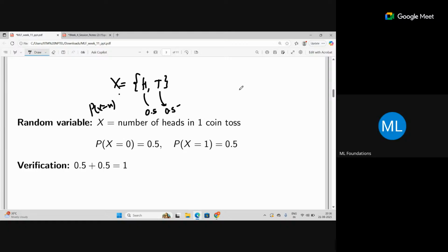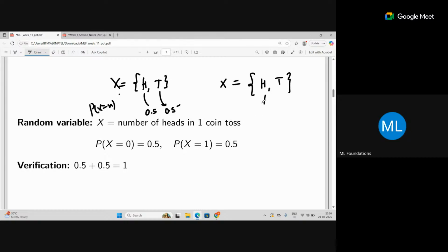What else? Identically distributed, IID, sir. IID is not this. IID is when I toss a coin multiple times. If I toss only one coin and get this, it is a fair coin, fair or unbiased.